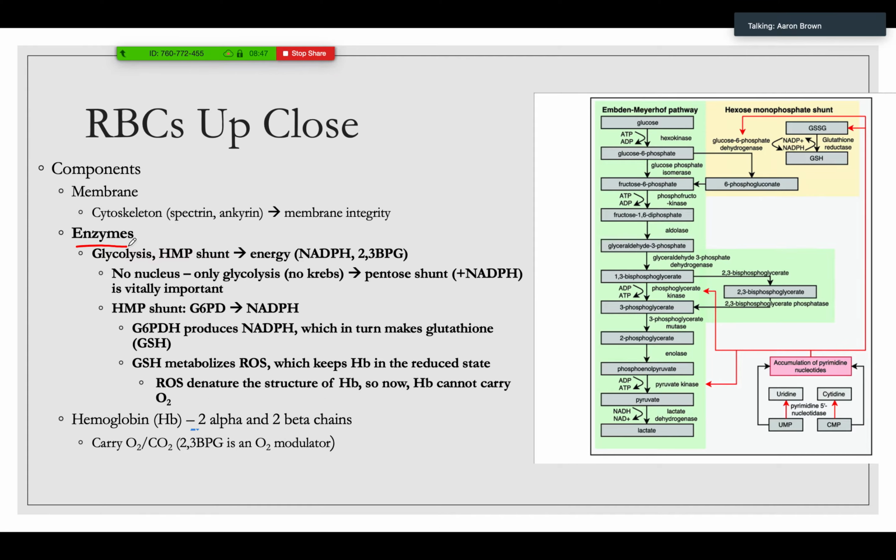Next are our enzymes. Enzymes are very important to red blood cells. The reason is because red blood cells do not have a nucleus and they do not have mitochondria. Okay? So in terms of generating energy, if you don't have mitochondria, what can't you do? You can't do a certain part of energy production, right? So what happens in the mitochondria?